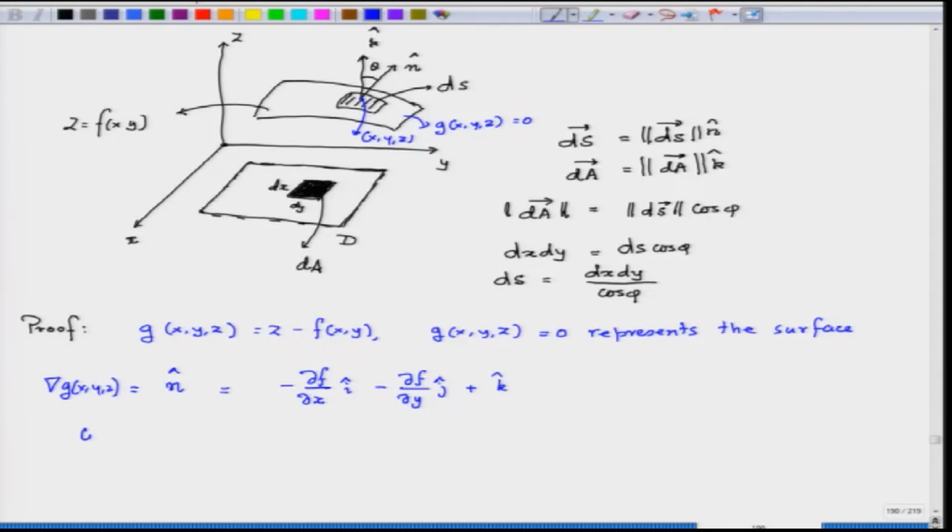So, cos phi is nothing but n dot k, divided by norm n, norm k, which is 1. So, what is n dot k? n dot k is 1, because in k the components related to i and j are 0. So, this is 1 divided by root over norm n, which is nothing but 1 plus del f del x whole square plus del f del y whole square.